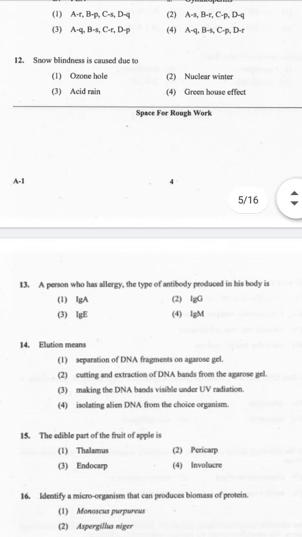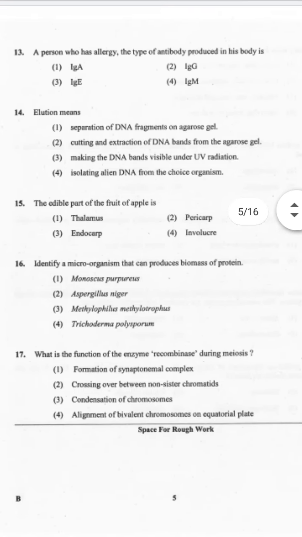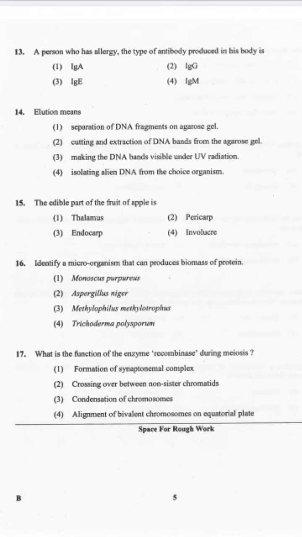Now let's go to 13th question. In a person who has an allergy, the type of antibody produced in the body is: option 1, IgA; 2, IgG; 3, IgE; 4, IgM. The correct answer is option 3.